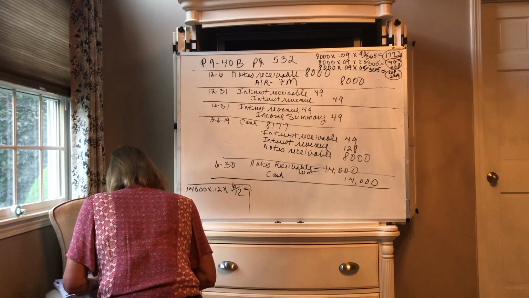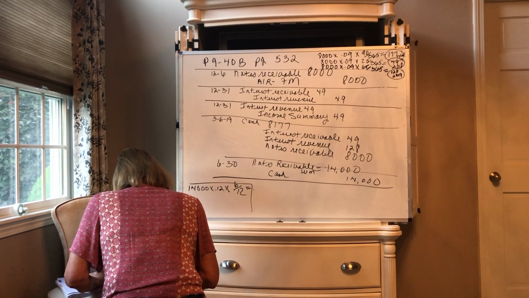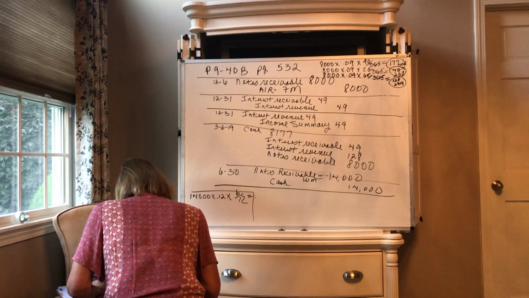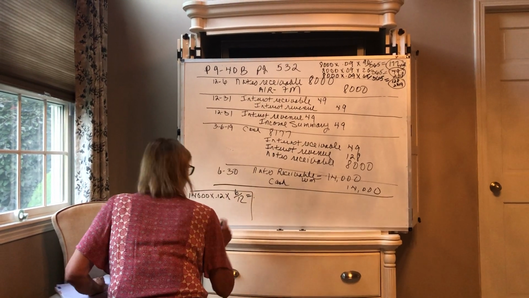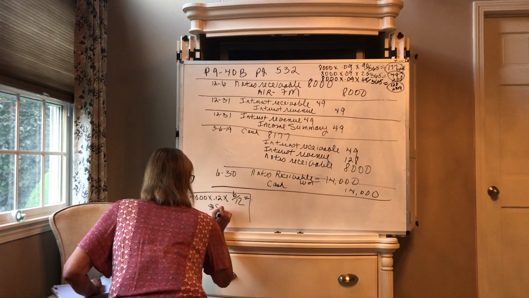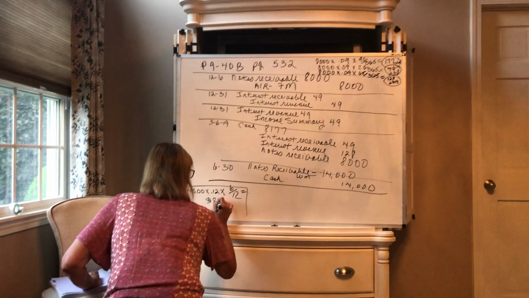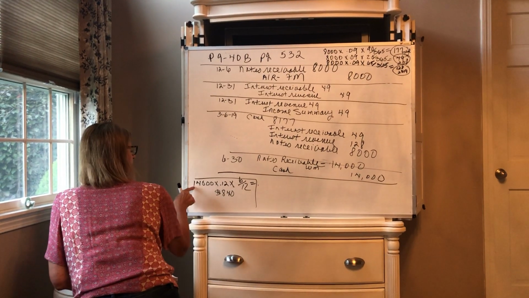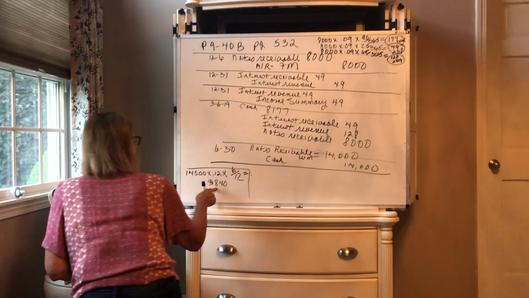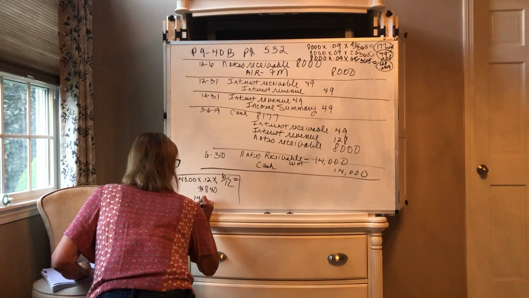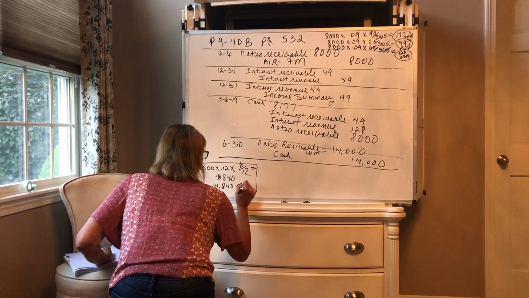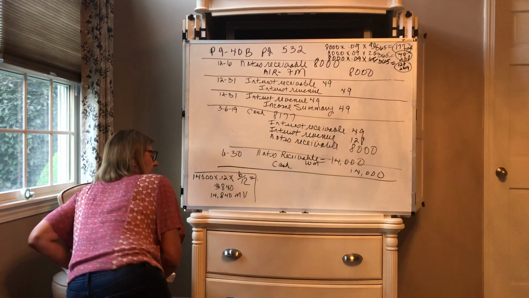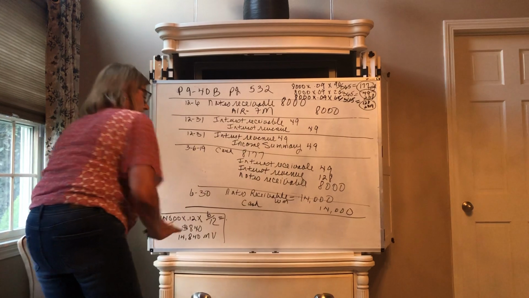Interest is going to be in 6 months, $840. So maturity value is going to be $14,000 plus $840, or $14,840. I'll put MV.